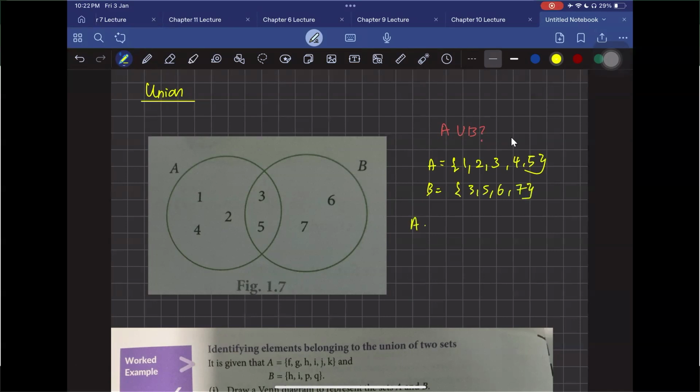So your A union B is 1, 2, 3, 4, 5, 6, 7, all the elements within your A and B, basically this whole part. The symbol for that is given by this: U equals union.